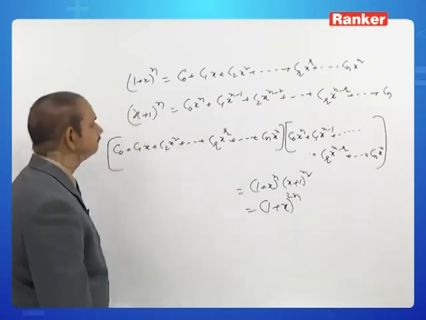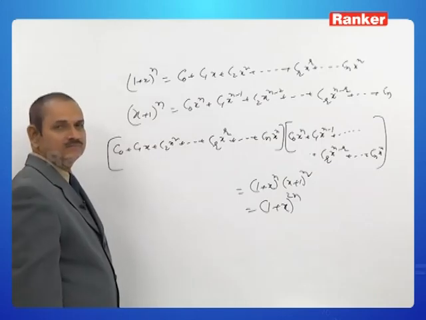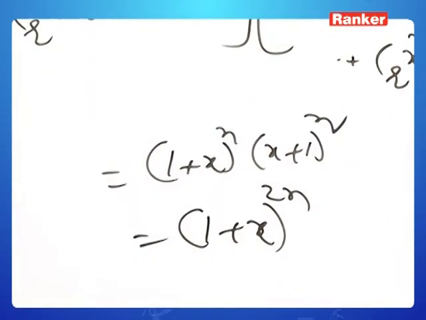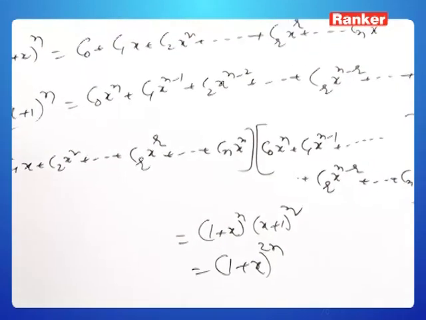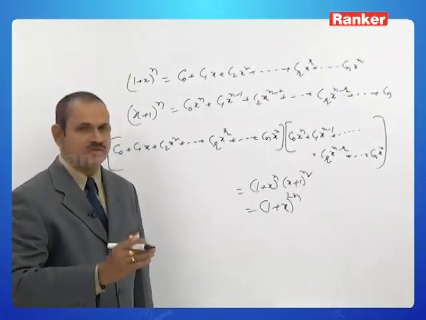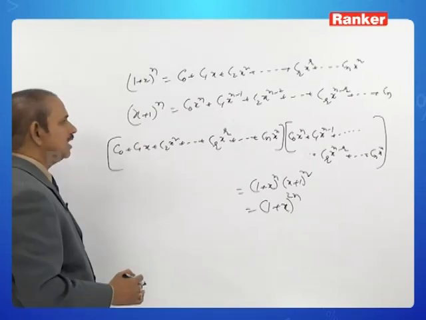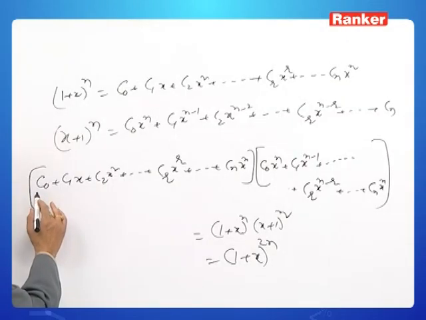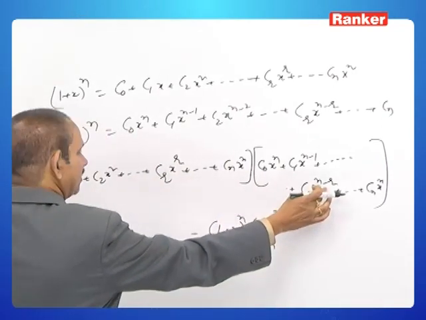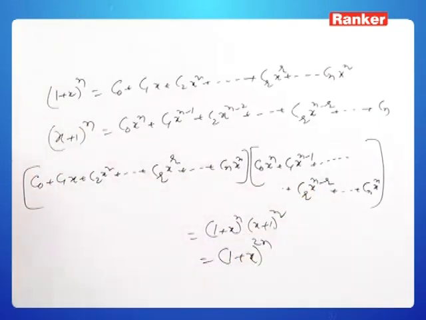Good. What do you want to have? We want to have the proof for the previous result, that is, C0Cr plus C1Cr plus 1 plus C2Cr plus 2 and so on. How can they be obtained? C0Cr: what is the coefficient of it? x power n minus r.